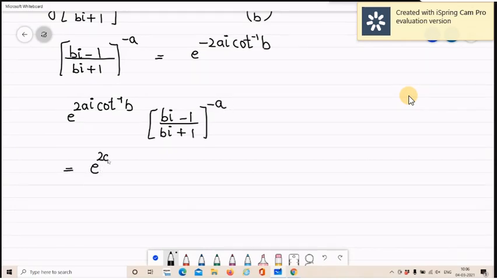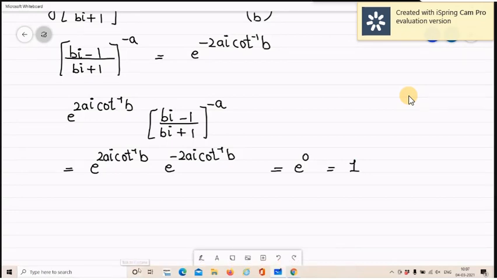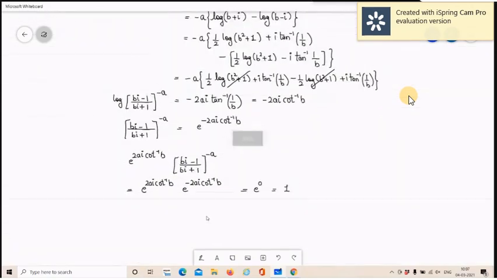So that is 2ai cot inverse of b, and this we have just calculated, that is minus 2ai cot inverse of b. So what happens? The power gets cancelled and I get it equal to b, equal to 1. Understood? Yes ma'am.